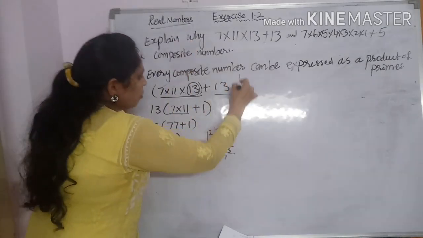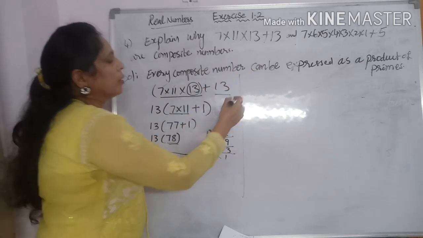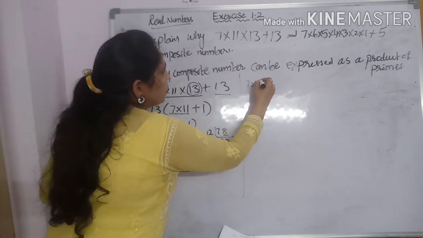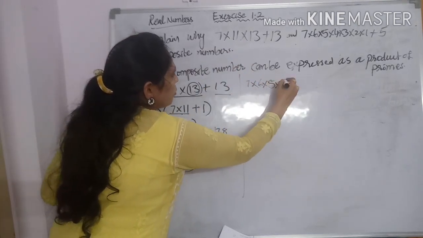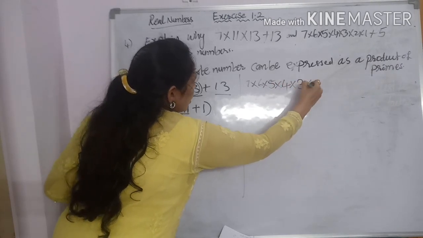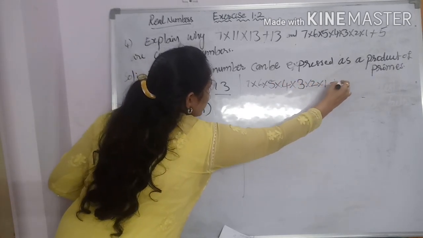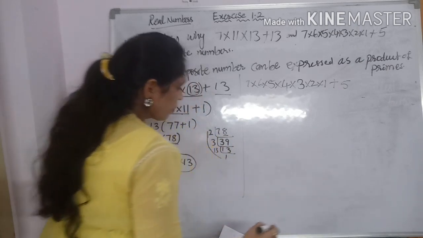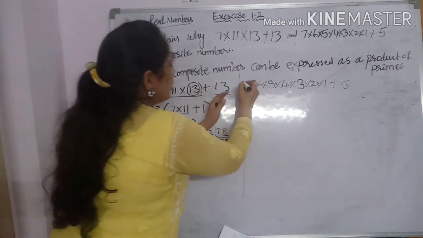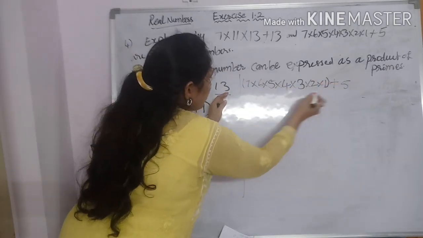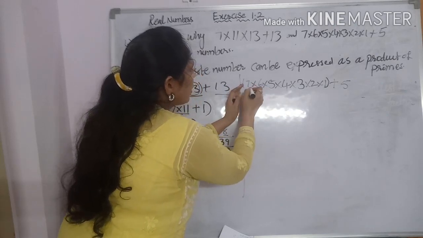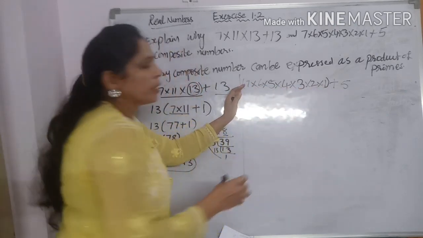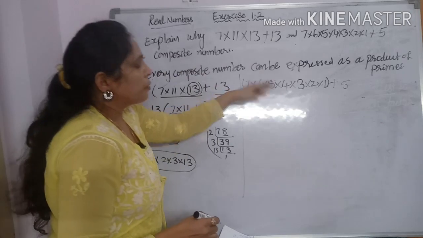Now let us take another one: 7 into 6 into 5 into 4 into 3 into 2 into 1 plus 5. Here also there is a multiplication symbol, so you have to treat it as one term.